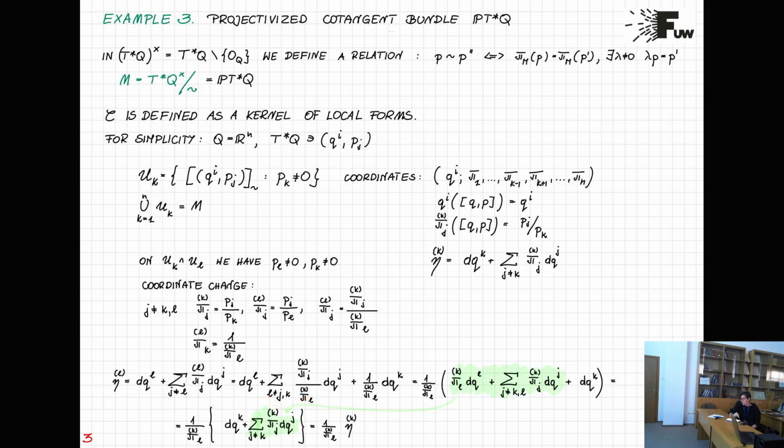And then I take a piece of paper and pen, and I carefully, trying not to mix anything, calculate the transformation rule for contact forms, and what I get is that the L-th contact form is proportional to the K-th contact form, and the coefficient of proportionality is a non-vanishing function, because those p_i coordinates definitely do not vanish within the intersection of those two charts. So since they are proportional with a non-vanishing function, they have the same kernel.